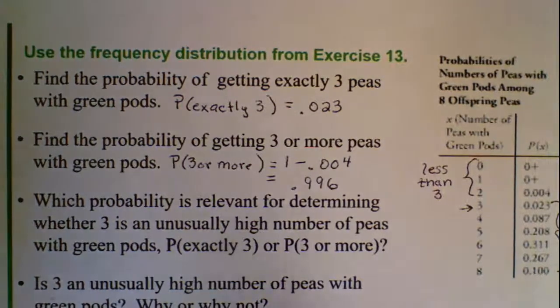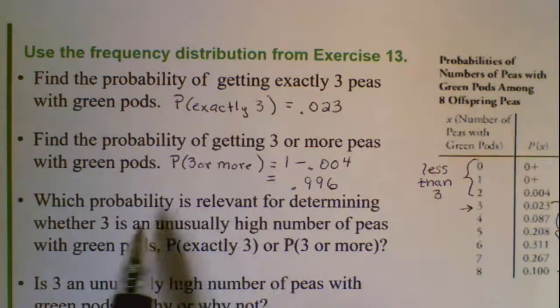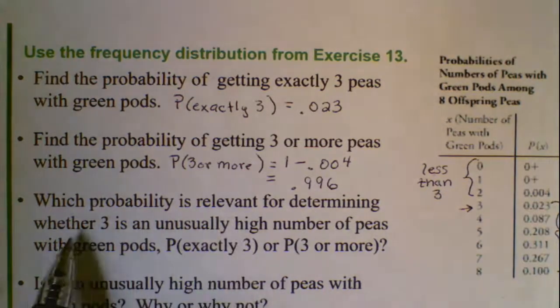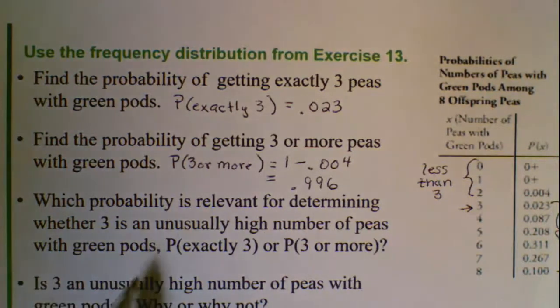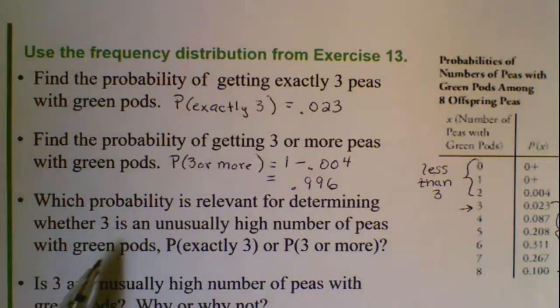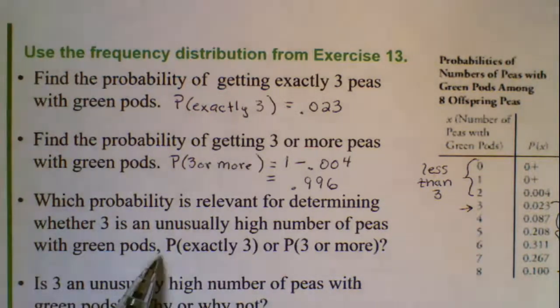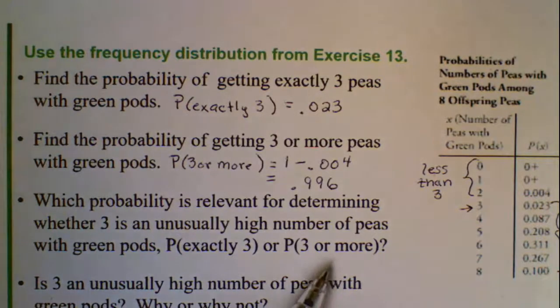According to the previous slide, which probability is relevant for determining whether 3 is an unusually high number of peas with green pods? Does the previous slide say to find if 3 is unusually high, you find the probability of exactly 3? Or does it say you find the probability of 3 or more?